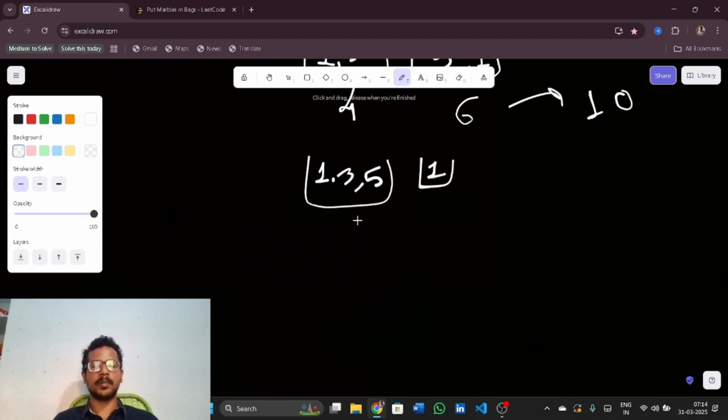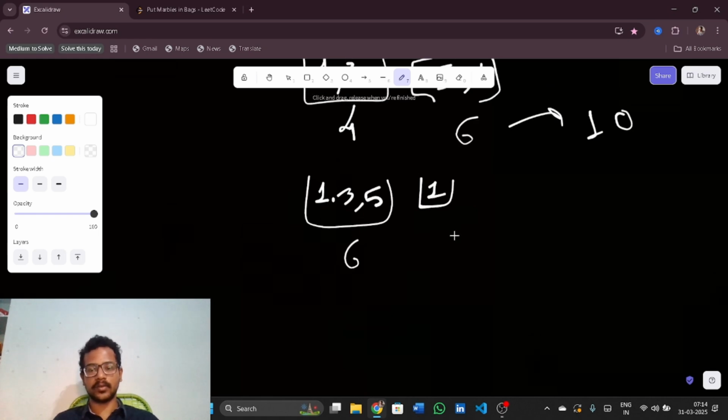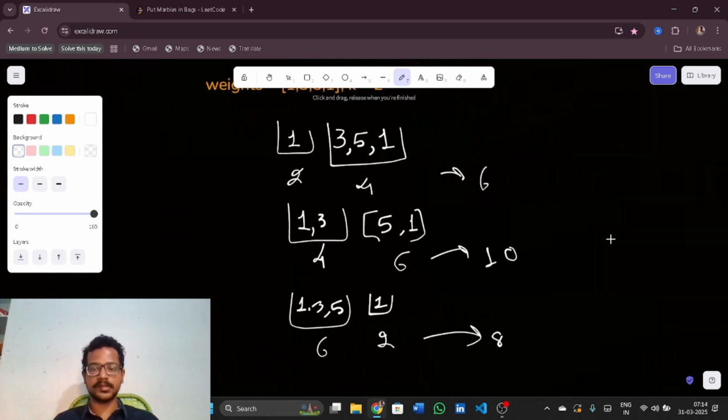So here the score will be 6 and here 1 plus 1, 2. So 6 plus 2 is 8, and I have no other combinations left over. So the minimum is 6 and the maximum is 10. So 10 minus 6 gives the difference of 4. So 4 will be the answer.